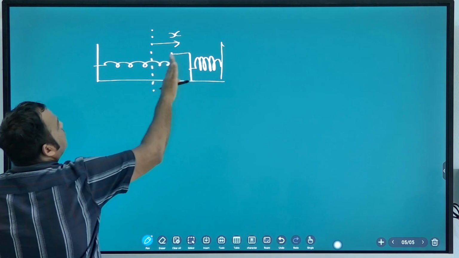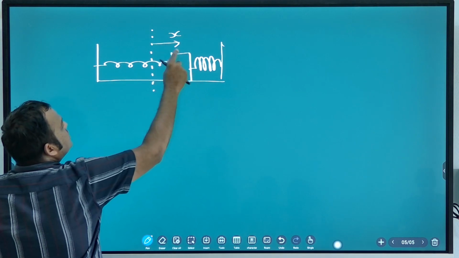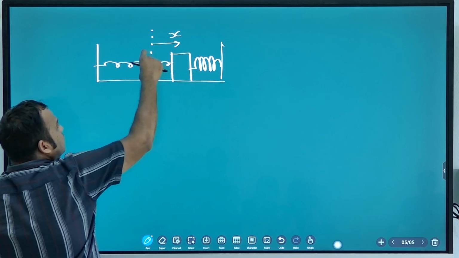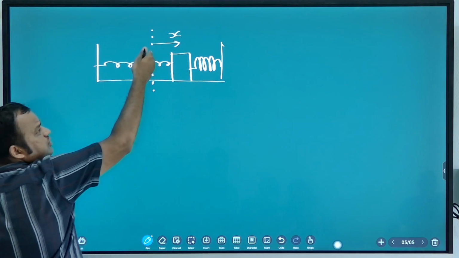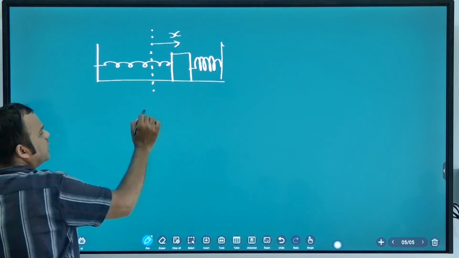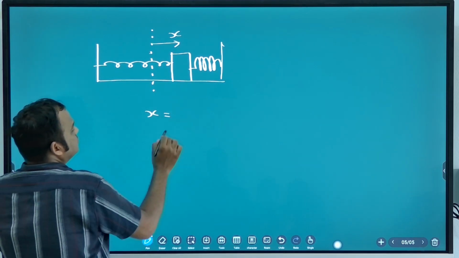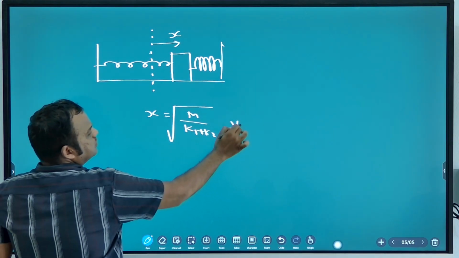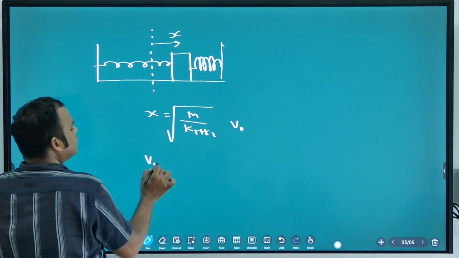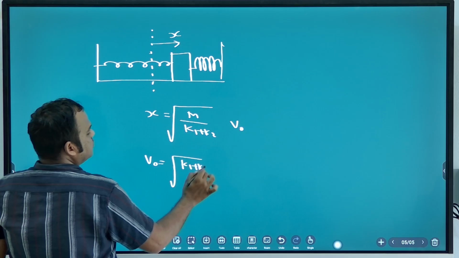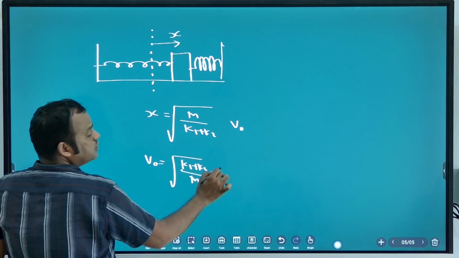Now it is compressed by x. Now you release it. So again it will come back here. So when it comes to mean position, it will pick up speed. So the same formula you can use. What is the formula for x? Tell me the x formula. Root m by k1 plus k2 into v naught. So what is v naught? Root of k1 plus k2 by m into x.